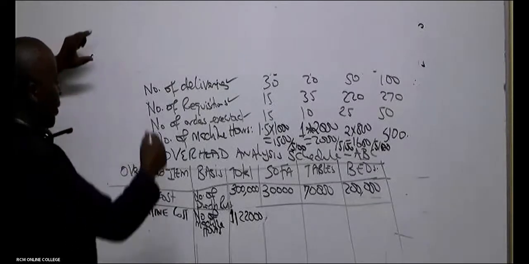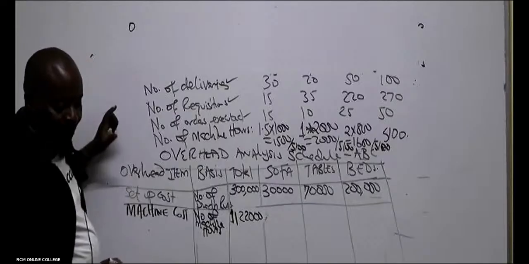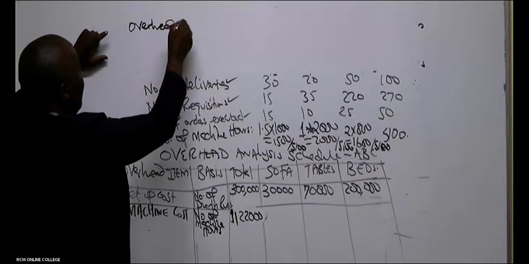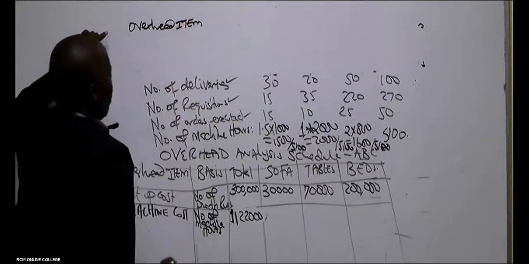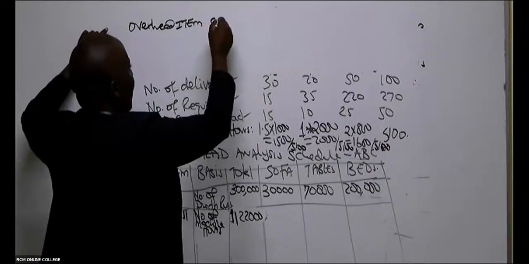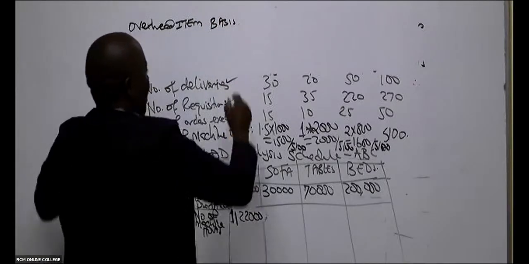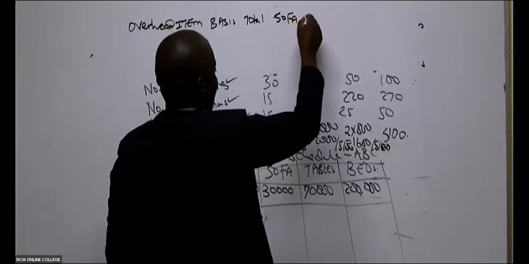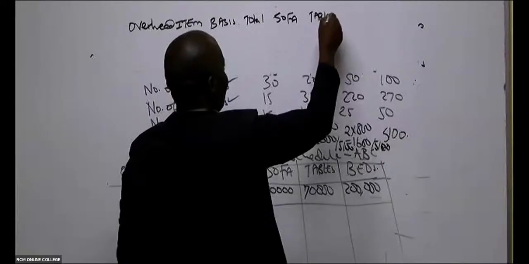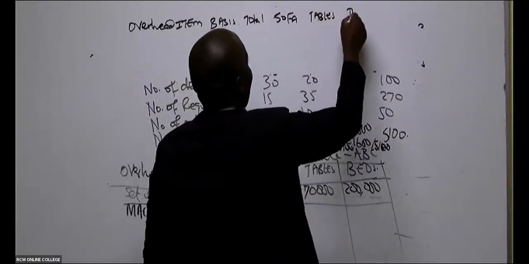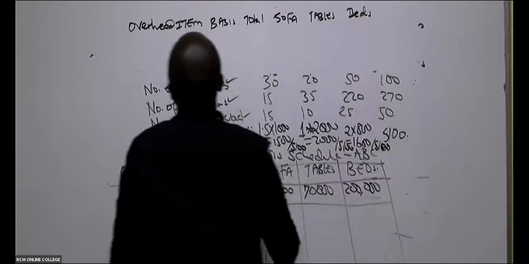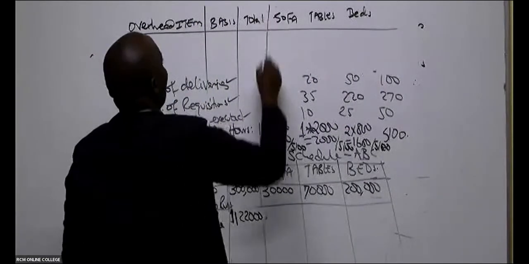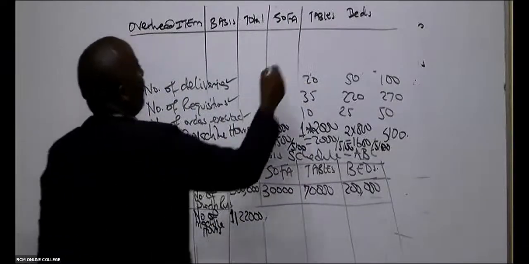Great. So we have here overhead item, we have basis, we have total. We have so far tables and beds.